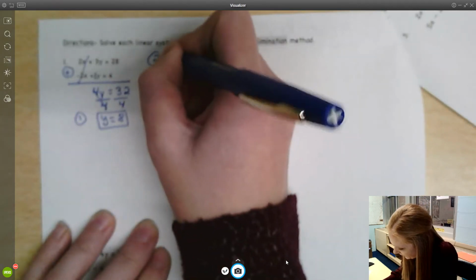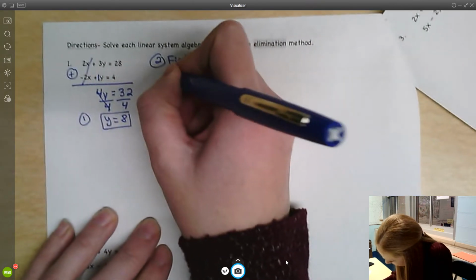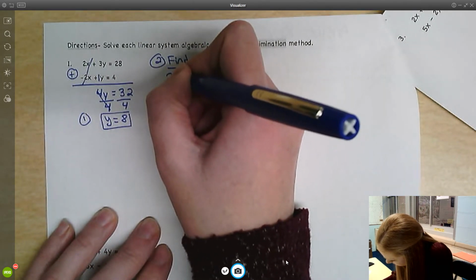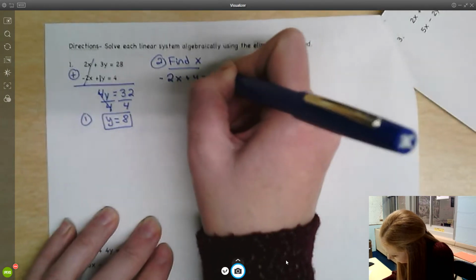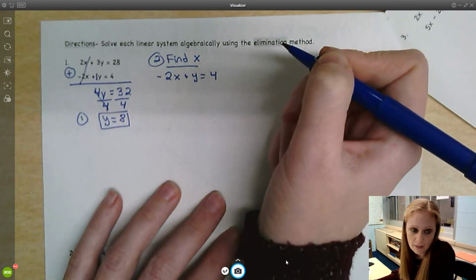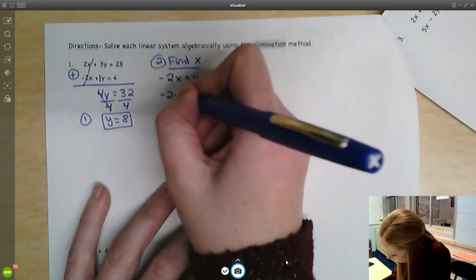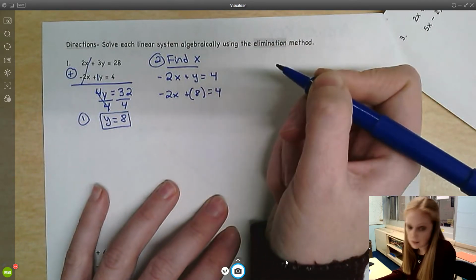Now we need to go back and find x. So let's rewrite one of the originals. I think the second one is easier to work with, since there's an invisible 1 for a coefficient of y. It's not being multiplied by anything else. So let's plug in our 8 for y and solve for x.